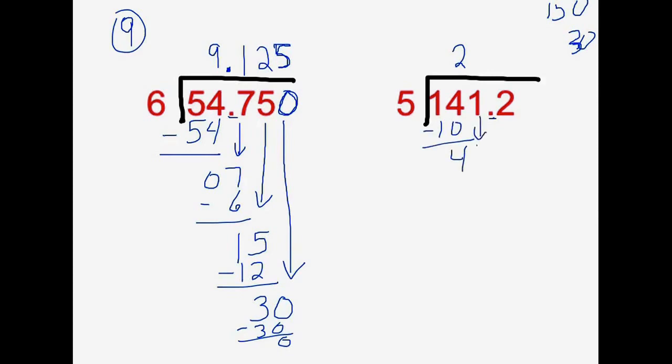Bring down the 1. 5 goes into 41 8 times, which is 40. When I subtract, I get 1. I'm going to bring up my decimal point straight up into my answer. Now I'm going to bring down the first decimal number, which is 2. And 5 goes into 12 2 times, which is 10.